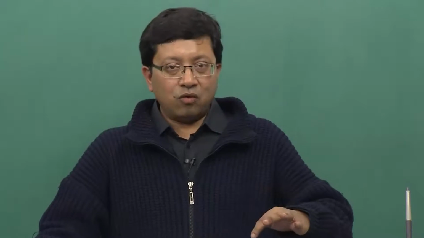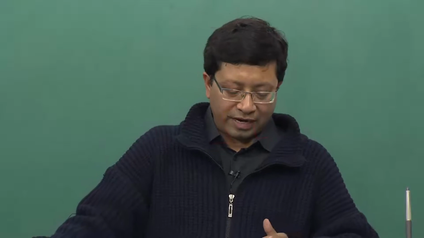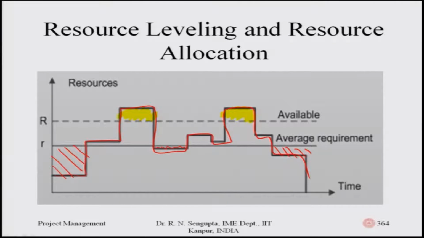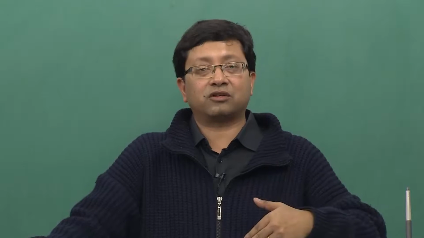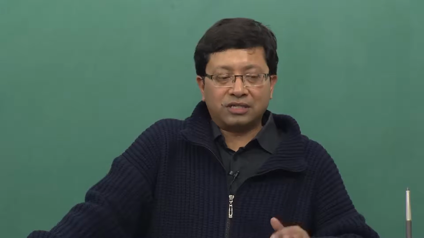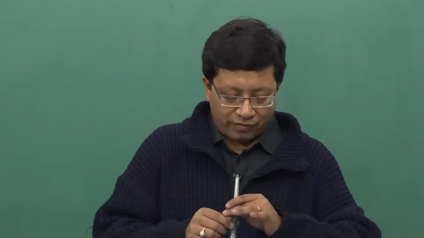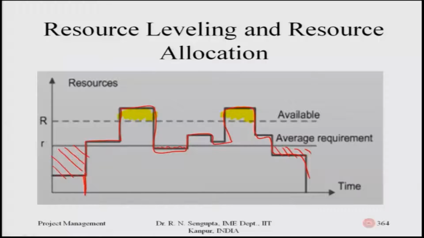So, consider now the second point, which is the red hashed area. The red hashed area which I have in front of me would be, consider not the CNC machine, but the laborer for the time being, and I only concentrate on underutilization of the resources. If I think that the number of workers needed in the beginning of the project is very low, I would not hire those temporary workers then.